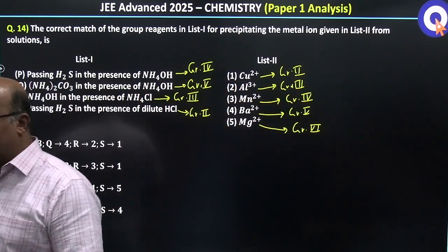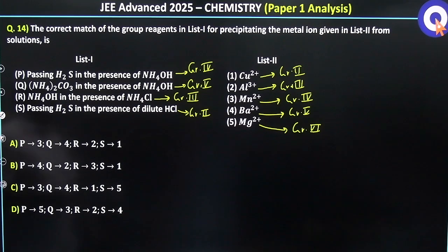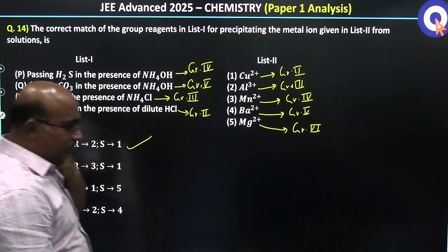So directly we just match the things. Group 4, P is 3. So these two will go. Then group 5 reagent is 4. So this is okay again. Then group 3 is 2. So this is the correct match.